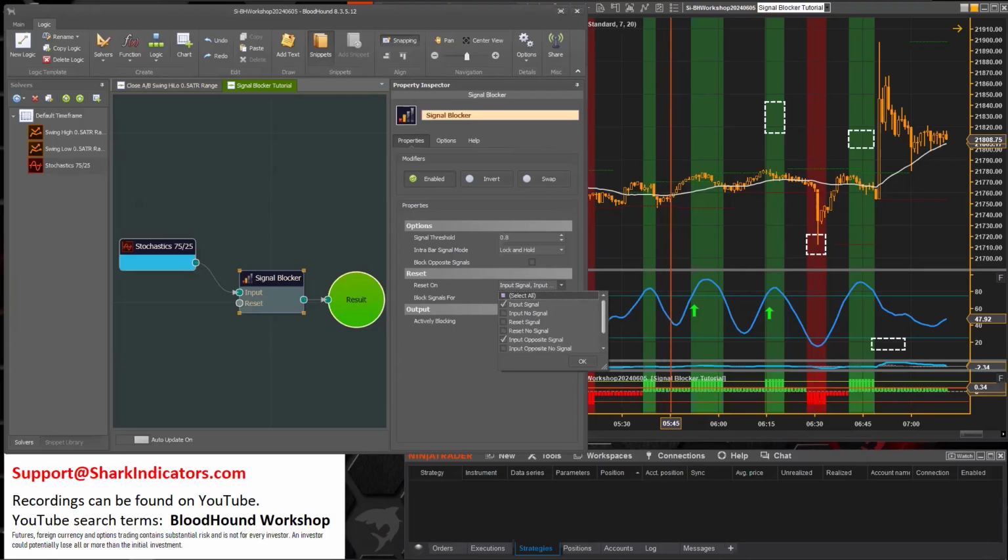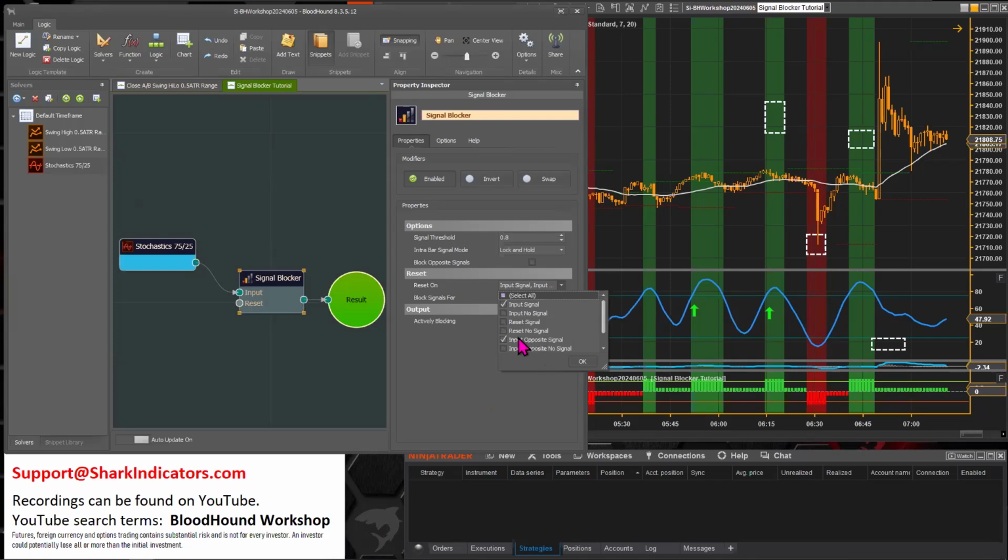And for the short signals, signal would be referring to short signals, since the short signals are what's actively being blocked.